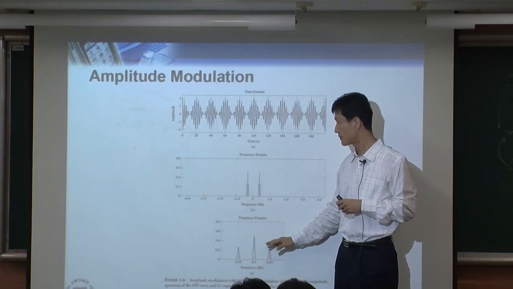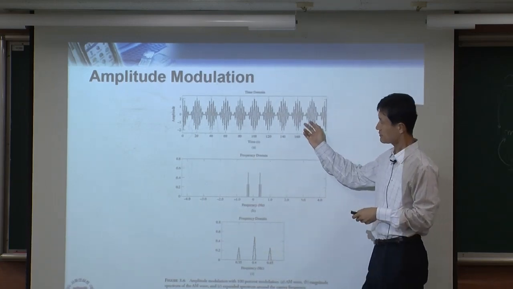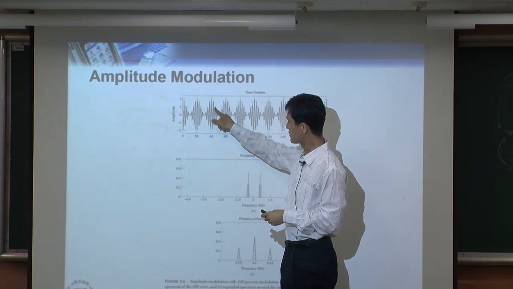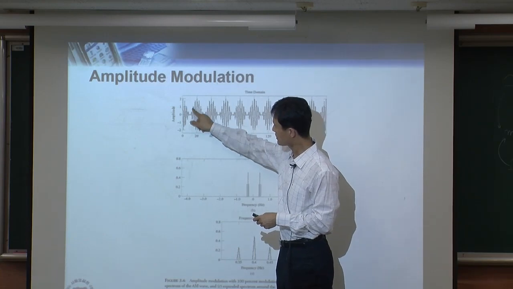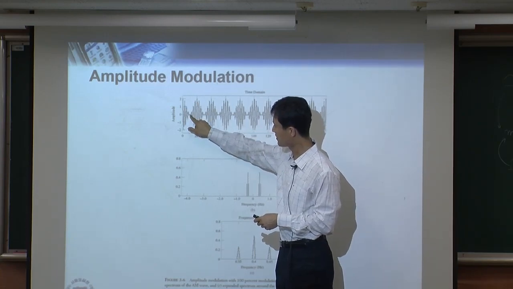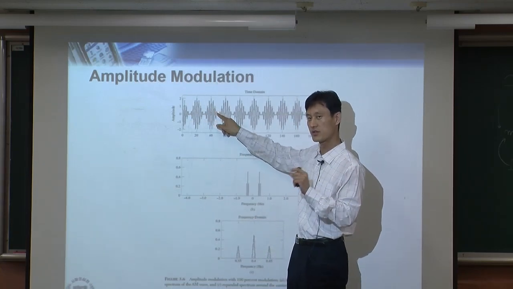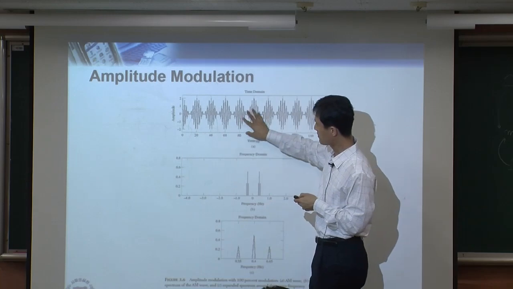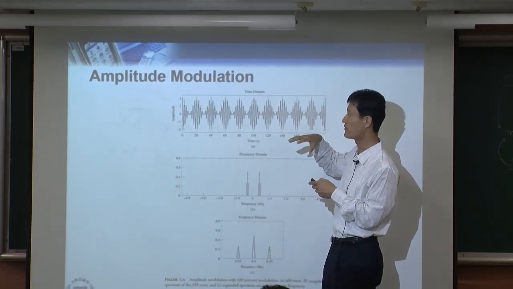Right? When you look at this in time domain, you see that you still see the cosine, your message. But now the lowest part of your cosine with your signal now hits 0. Okay? Hits 0. That's why we call this 100%. So let's compare this one with the previous picture. In the previous picture, the modulation factor was 0.5.